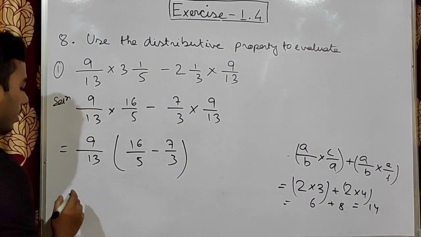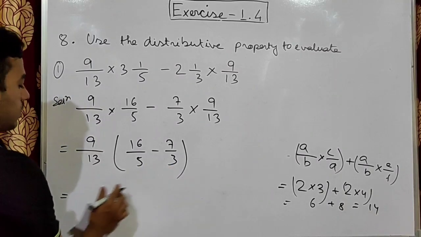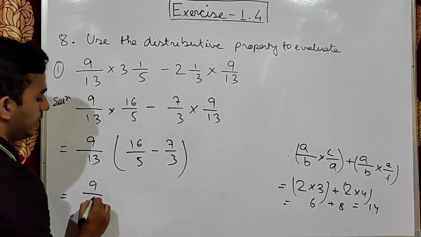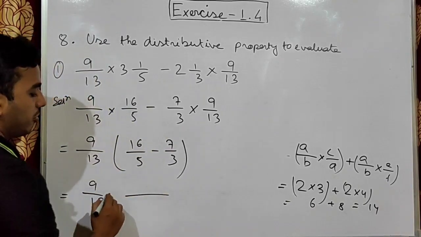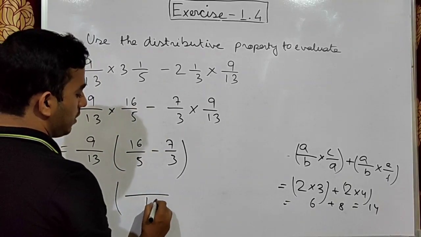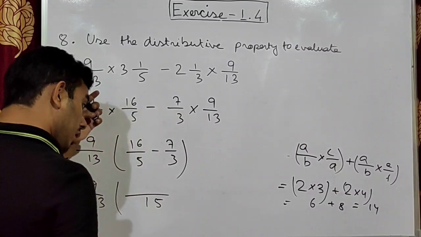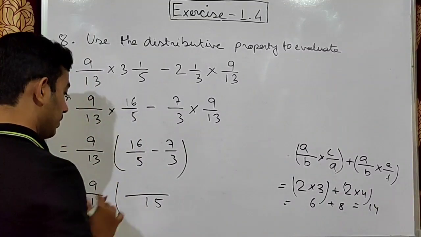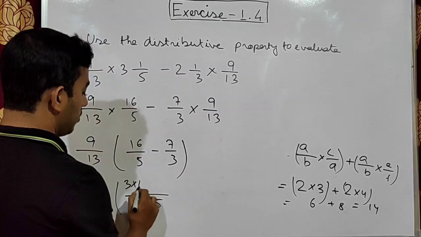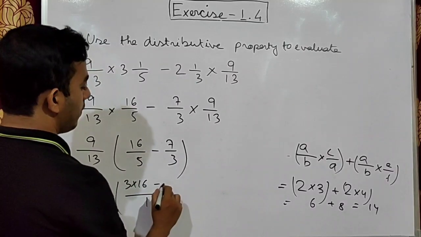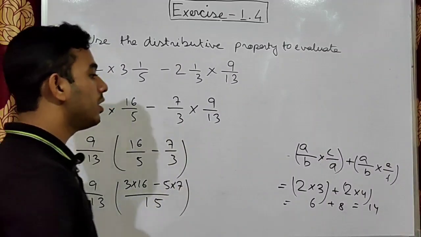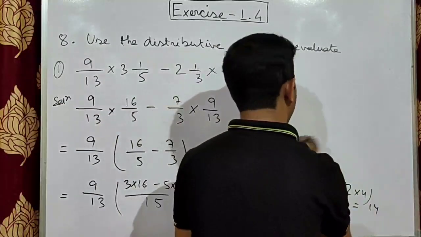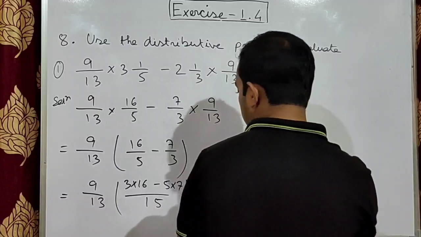Okay, now we'll subtract. First we'll subtract this one. So how to subtract? Let's make the denominator the same, so it will be 15, right? Now 3 into 16 minus 5 into 7. Next step will be, we have to find the product of this.